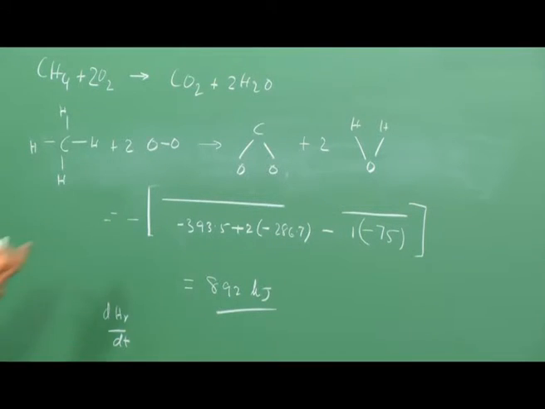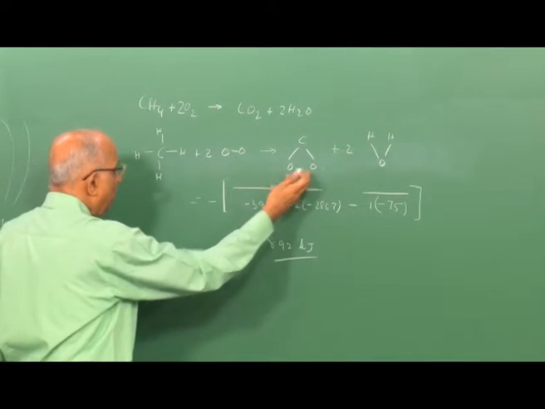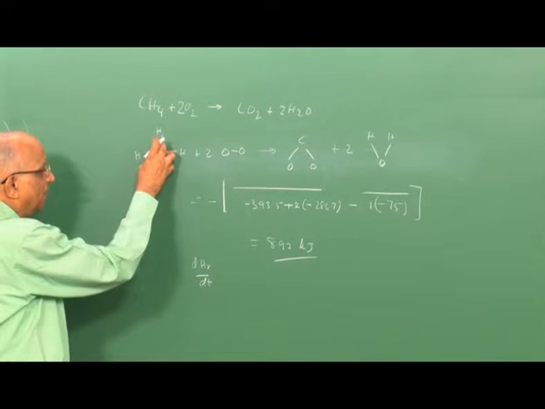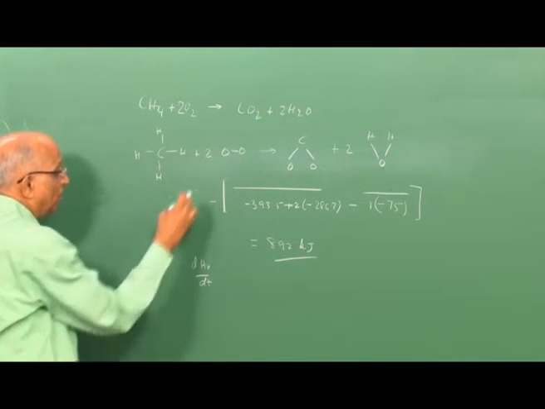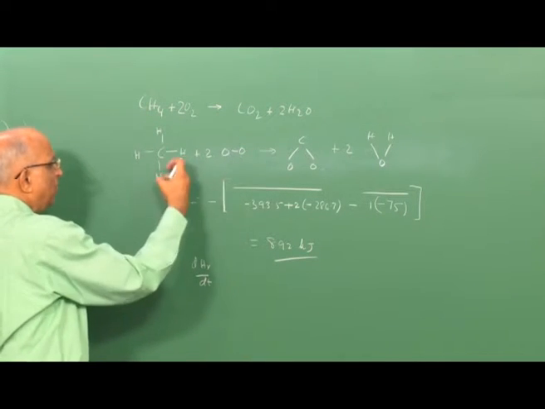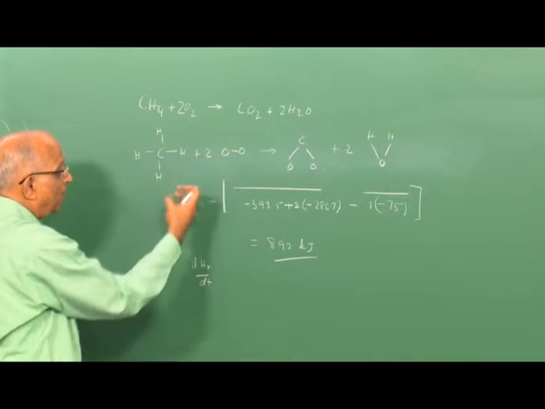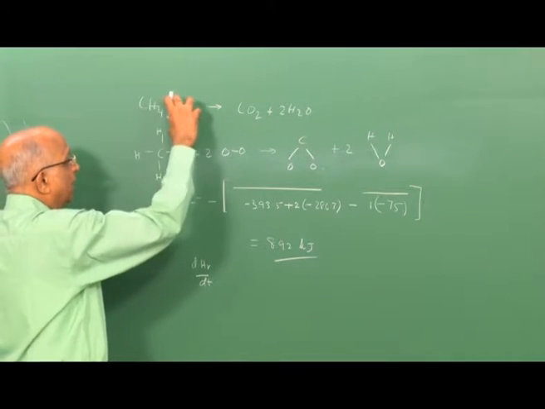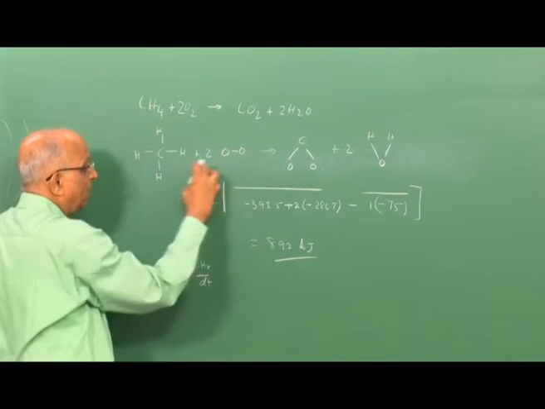And to be able to form this, what is it we do? The structure of methane and the structure of O2 are such that the molecules have to individually collide with each other. That means all the molecules in 1 mole of methane and 2 moles of oxygen have to collide with each other.